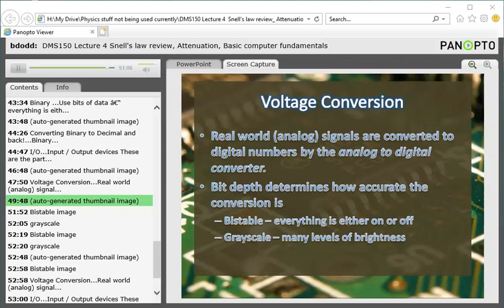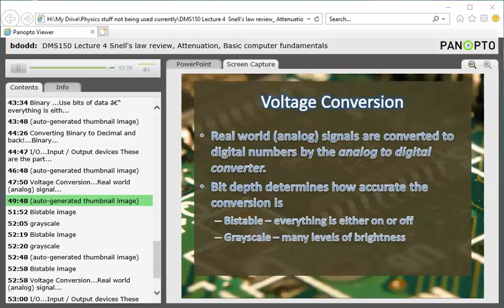So if I want to redraw that wave and I want it to look more like a wave, I increase my bit depth. I increase the number of little steps that the computer can see. So if I have a bit depth of 16, then we can have 16 discrete values.